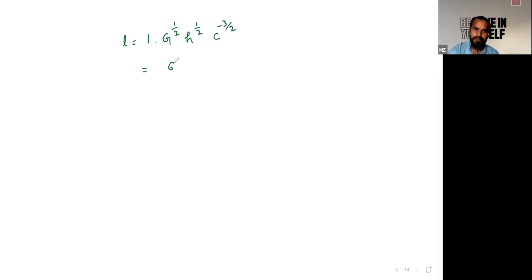We can write it as G to the power half, H to the power half, divided by, since this exponential is negative, C to the power 3 by 2 in the denominator. Now just see, we have 3 upon 2, so we can write this term as 3 into 1 by 2. Since we have plus half common in the numerator, we take common plus half from this part as well.